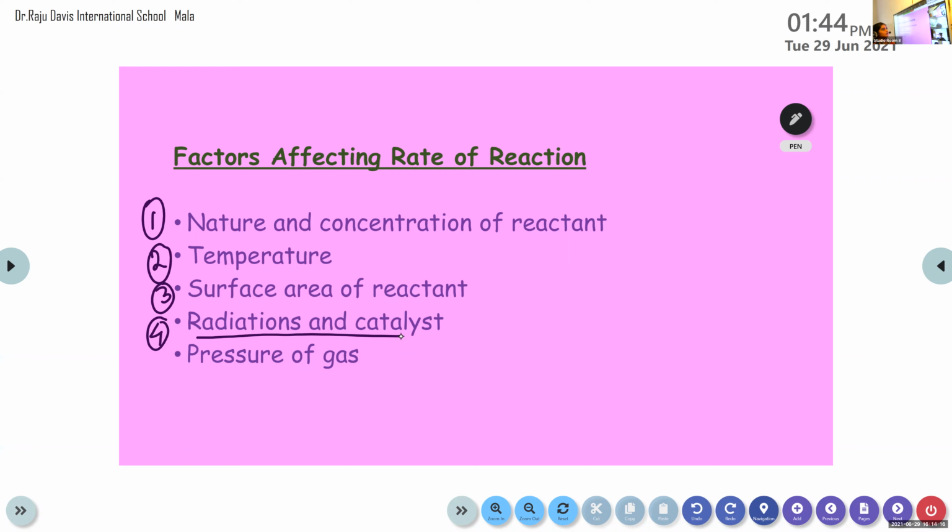Even after the chemical reaction, that catalyst will be obtained in its initial state itself. Then the fifth one, pressure of a gas. If it is in the case of a gas, the pressure will be considered. Otherwise, no need to mention pressure. So the factors are nature and concentration of reactant, temperature, surface area of reactant, radiations and catalyst, pressure of gas.